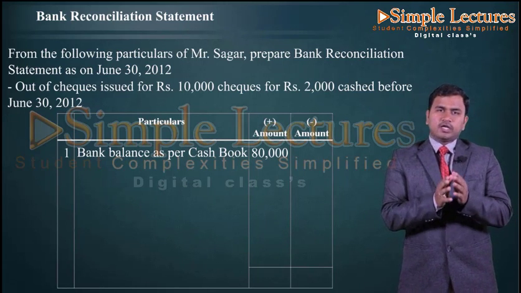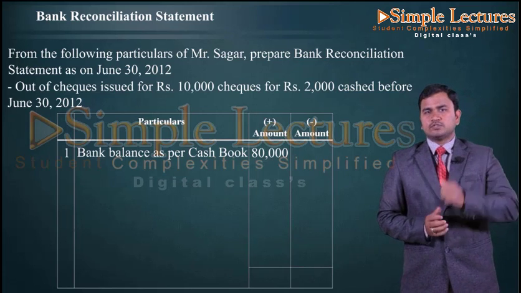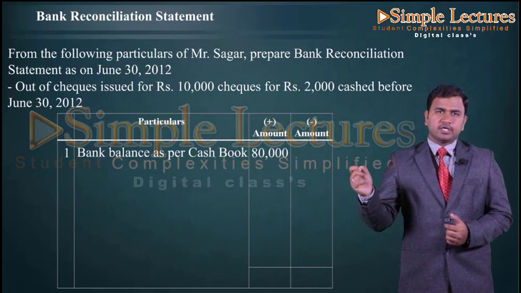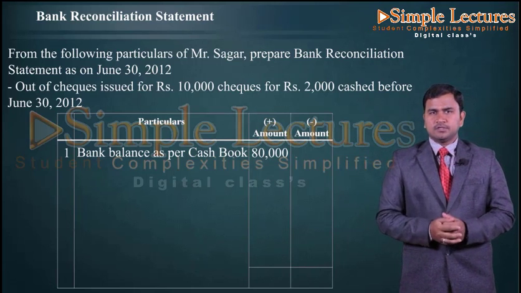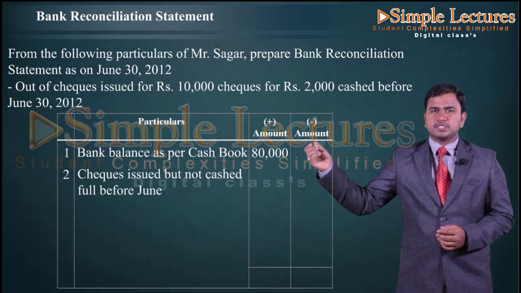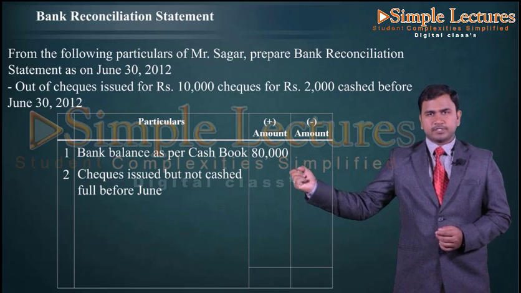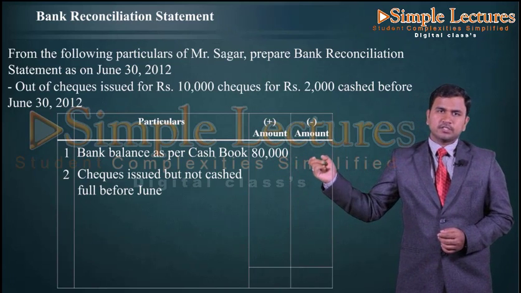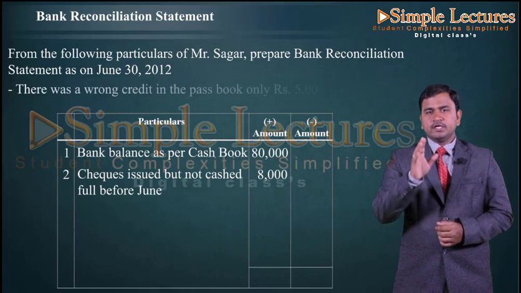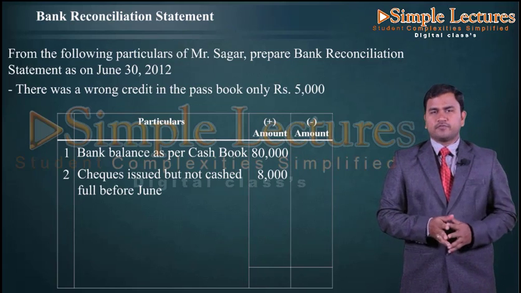So here another 8,000 rupees check we have issued was not presented for payment. So this 8,000 rupees we are going to add back again here to bring the balance as per the passbook. Serial number 2, check issued but not presented for payment. So out of 10,000, 2,000 was presented for payment, another 8,000 we are going to write in the positive amount column. Then there was a wrong credit in the passbook, only rupees 5,000.